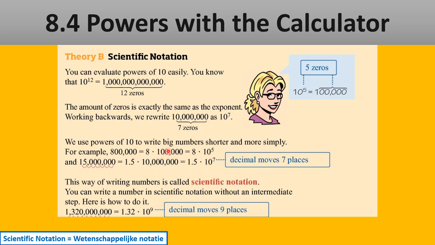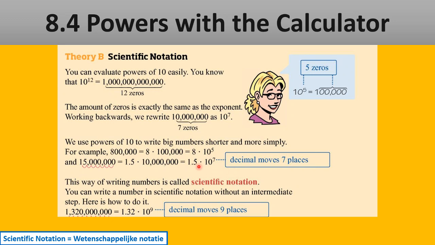which gives me 100,000. For example, 15 million is the same as 1.5 times 10 million, which is the same as 1.5 times 10 to the 7th power. Which means, if I now multiply by 10 million, I have to move the decimal point.